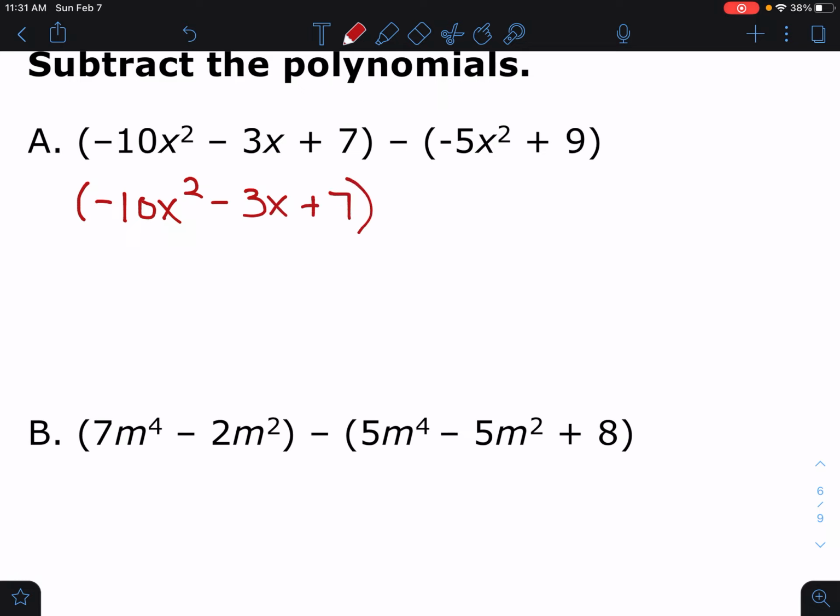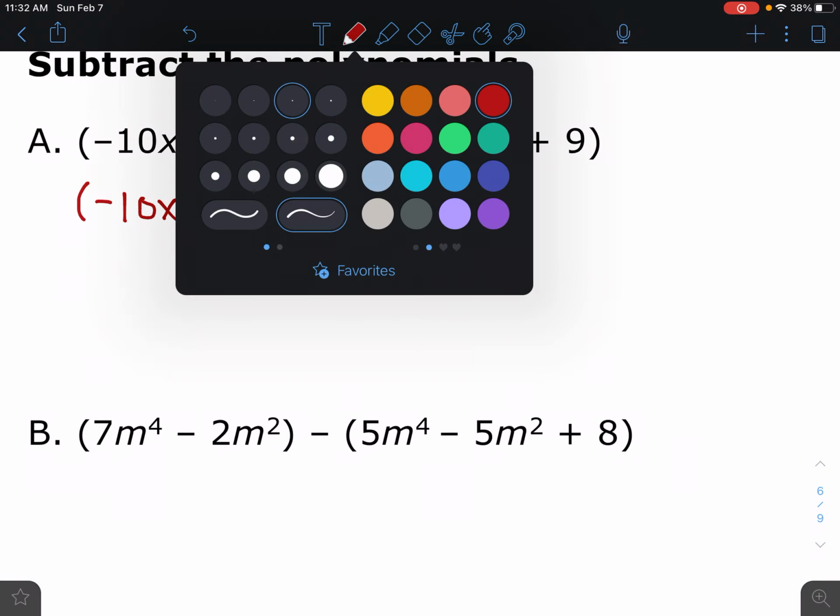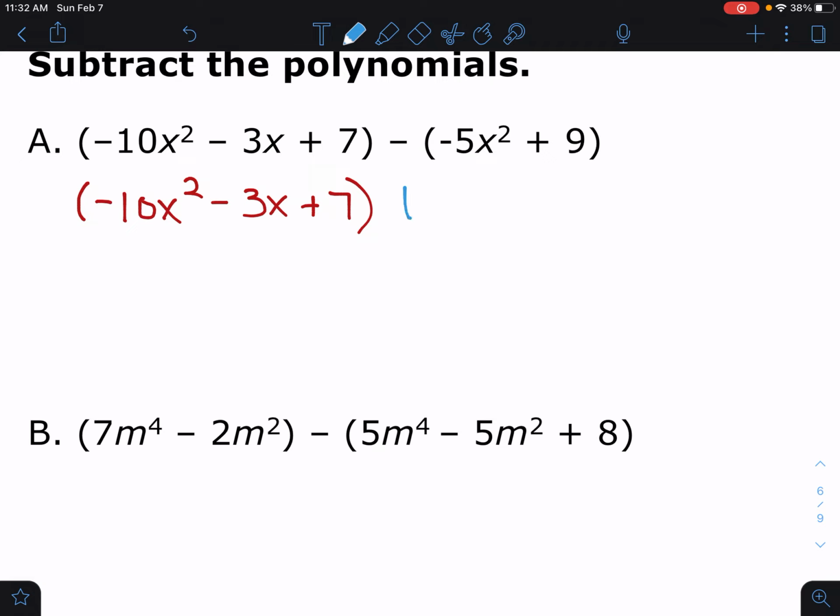Now, when we say add the opposite, everything from this point this way is now going to be changed. We're going to change this to addition, right? We said we're going to add the opposite, okay? So I'm going to change this to a plus sign.